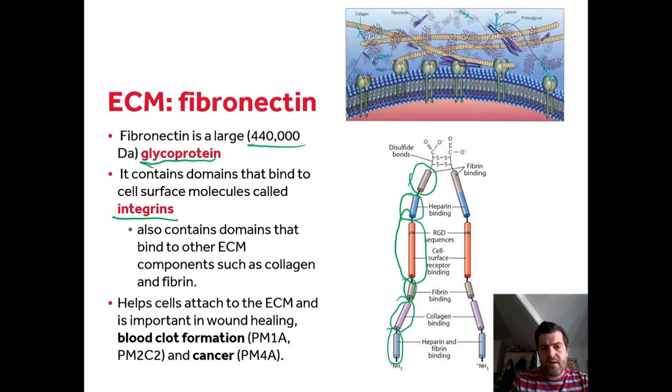It can also bind to collagen and fibrin in particular. So fibronectin is a large structure with multiple domains, helps attach cells to the extracellular matrix, and it's very important in processes like wound healing as well. It helps form blood clots, which you'll learn more about in this module next term and also next year. And believe it or not, you will also learn about this in parts 3 and 4. So this information is fundamental and underlying other parts of your courses.